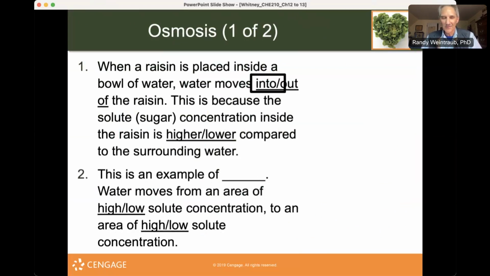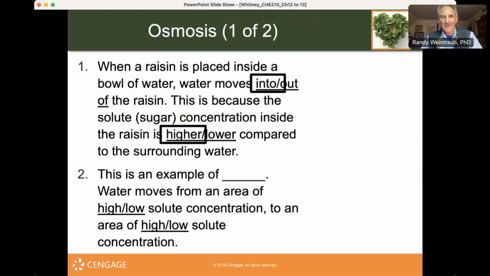what pushes chemistry to a large extent is to reach an equilibrium, or to lower the overall energy of a system. So this is because the solute, in this case the sugar concentration inside the raisin, is higher compared to the surrounding water. So water wants to move to try to equilibrate the concentrations inside and outside of the raisin.